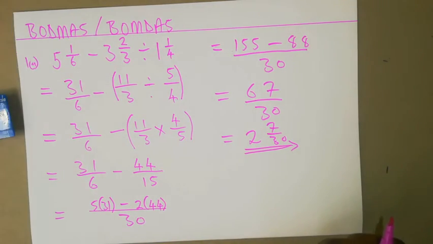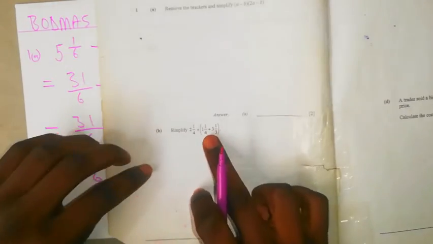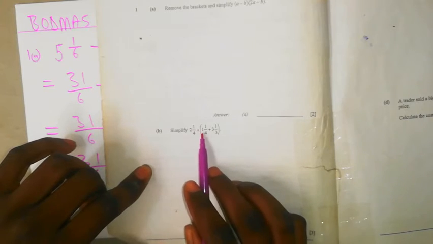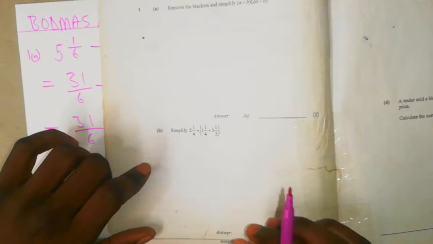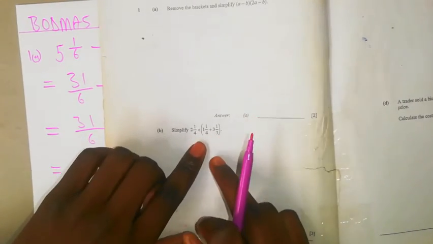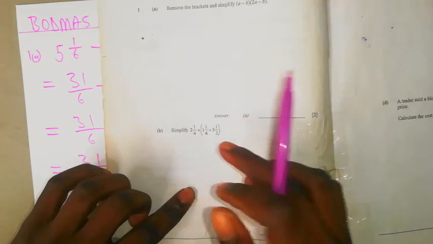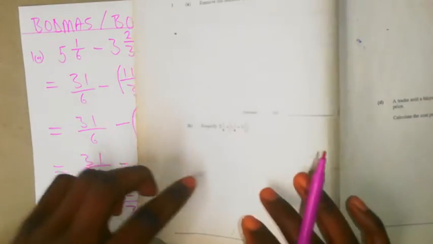So I'm going to take you to the second question. It's November 2016. There is my question. Simplify 2 and a quarter divided by brackets. Once you see a question coming with a bracket, you have to first deal with what's inside the bracket first, then you proceed to the next stage. So let me show you how to work this one out.